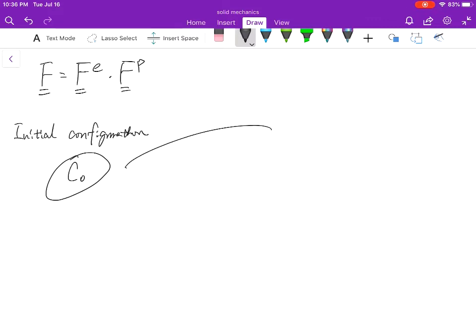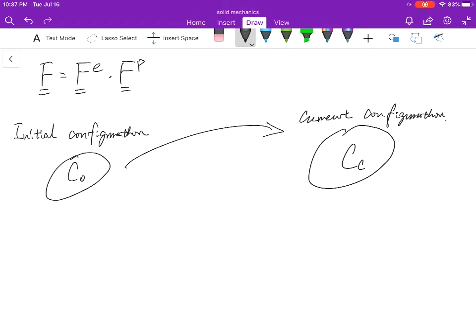And if we apply a deformation, we get the material in the so-called current configuration, and we name this CC, for current configuration. Because of this deformation process, we can use a deformation gradient tensor F to denote this process. And this is a physical problem.